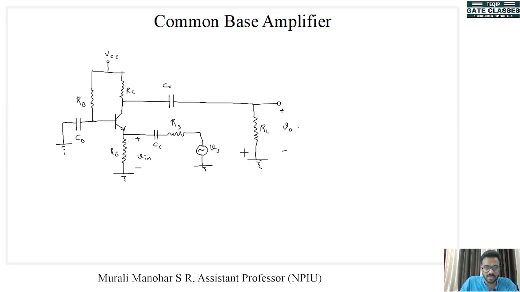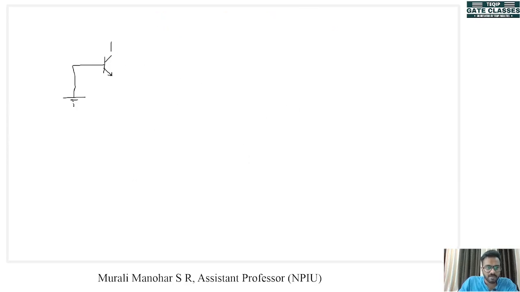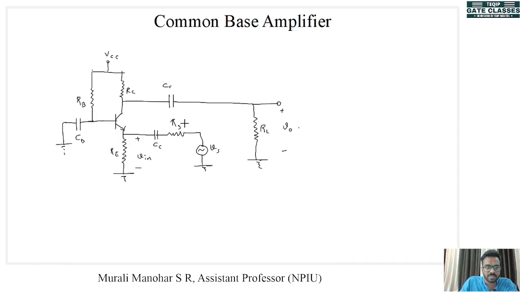RL is connected to the ground. So here we have RC and a parallel RL like this. Here plus or minus Vout. This is RL, this is RC.